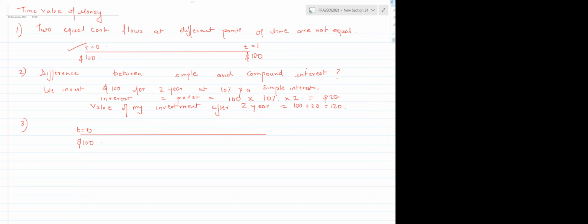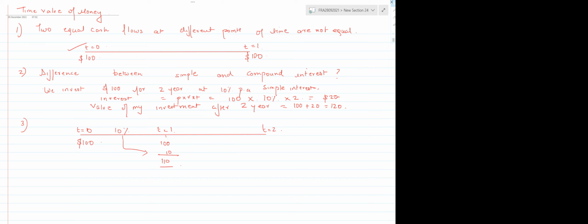I invest at the rate of 10% per annum compounded annually. At the end of 1 year, my investment becomes 100 plus 10% of 100, that is 110.